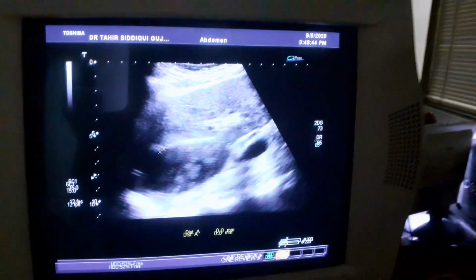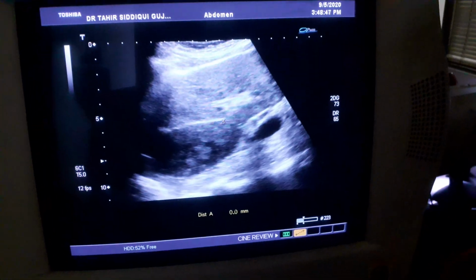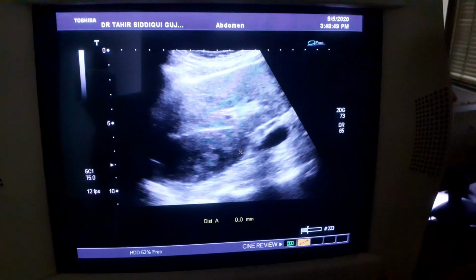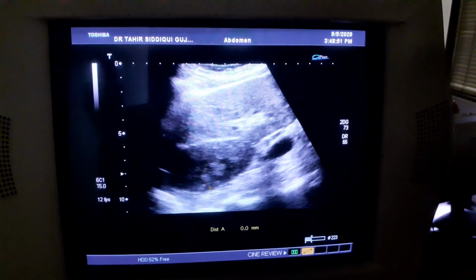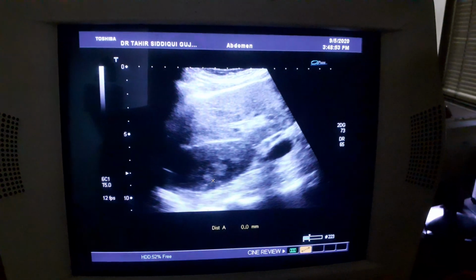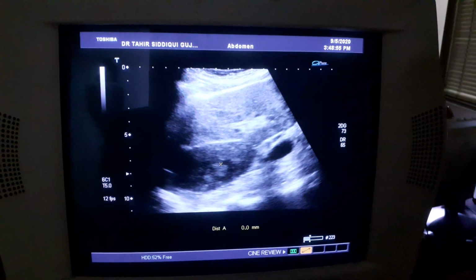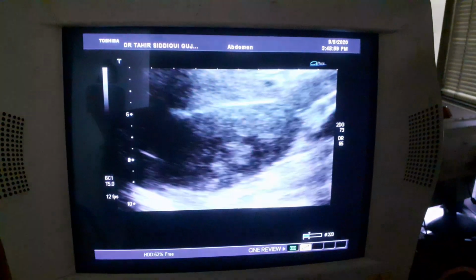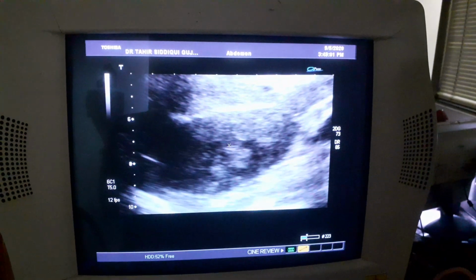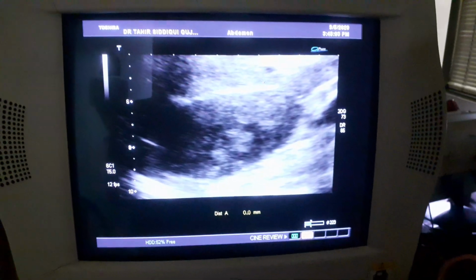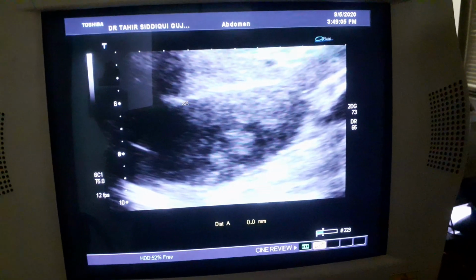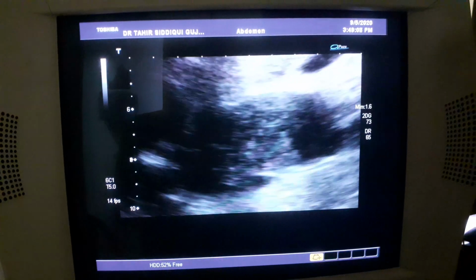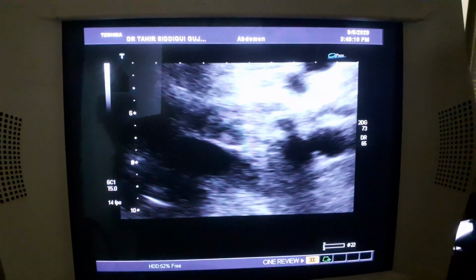Now this is the ligamentum venosum in the left lobe, longitudinal of the left lobe. This is the focal lesion, this area with central echogenic spots within it. So this is segment 1, bounded anteriorly by the ligamentum venosum and posteriorly by the IVC.